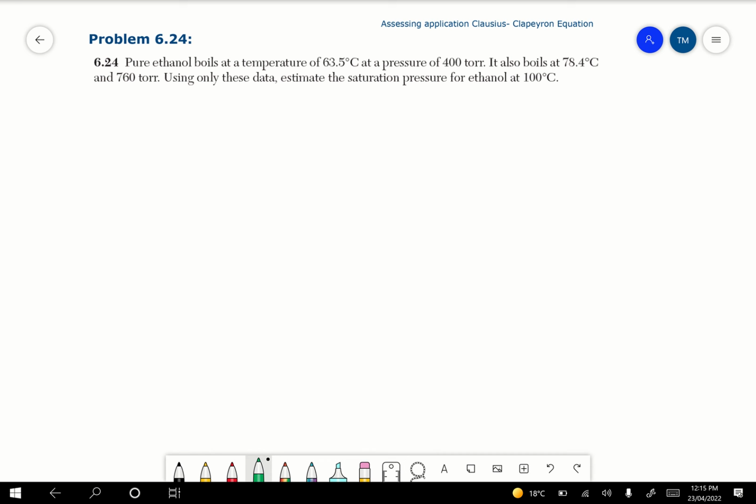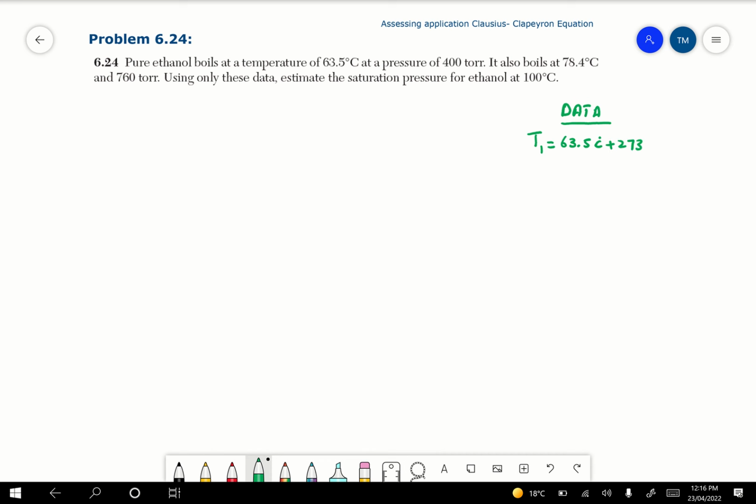Now as usual, first we will write down the data. The data is: temperature T1, which is 63.5 degrees Celsius.